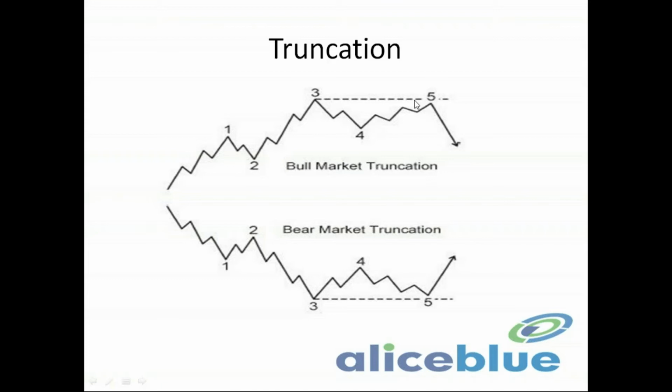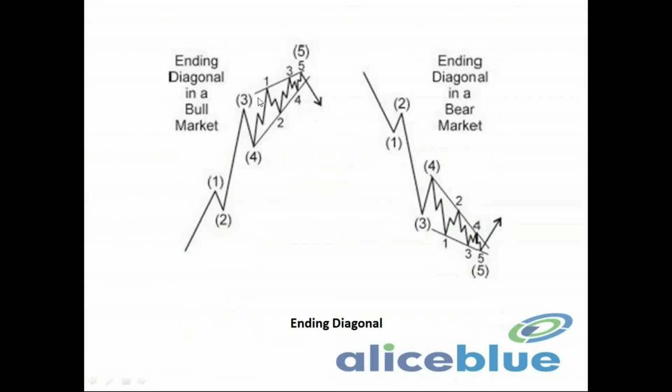You know that the movement is very weak, and it's going to go to the opposite side. So remember these three, mostly this one, the ending diagonal. You will get a lot of profit from the ending diagonal, and the reversal will be very sharp. You have to be on the lookout, right? Keep some alert for that one.